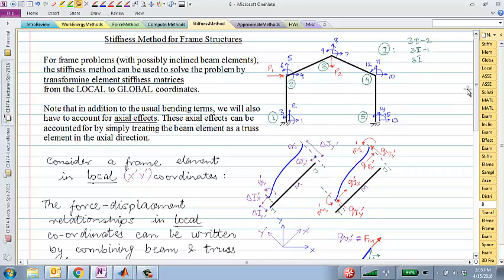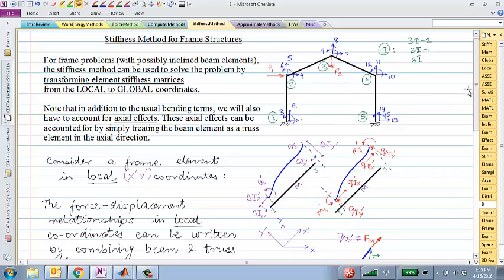So the total number of degrees of freedom associated with a frame element is what? Is 6, because 3 and 3, there are 6 displacement and rotation degrees of freedom.